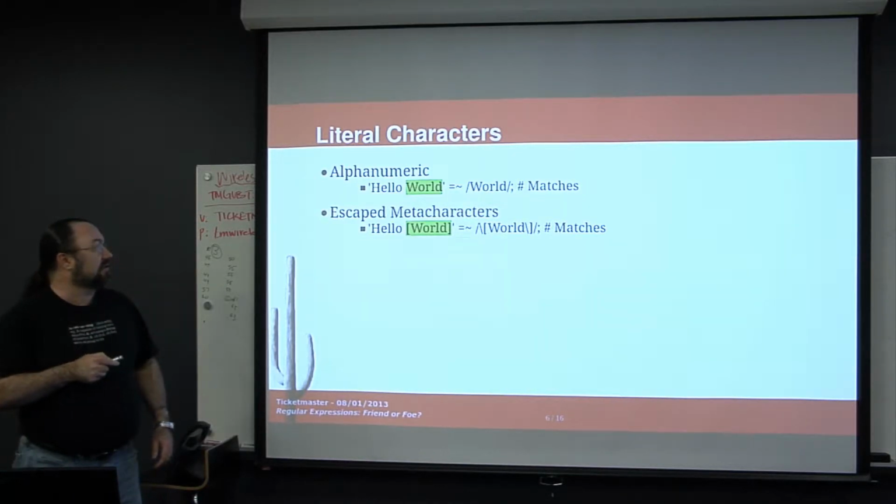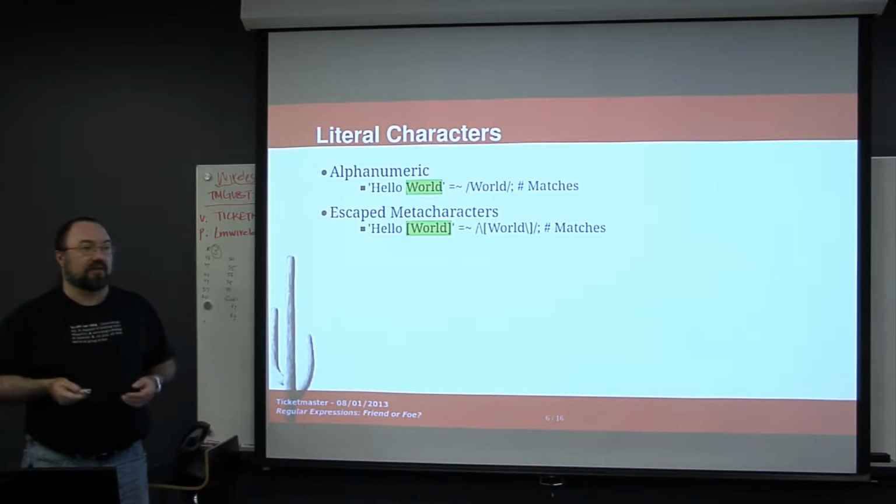Oh, okay, the equals tilde is the binding operator. And so basically it just takes whatever string or scalar variable you've got on this side, and it matches this pattern against it. Most of the time, the default characters you use are the forward slashes.